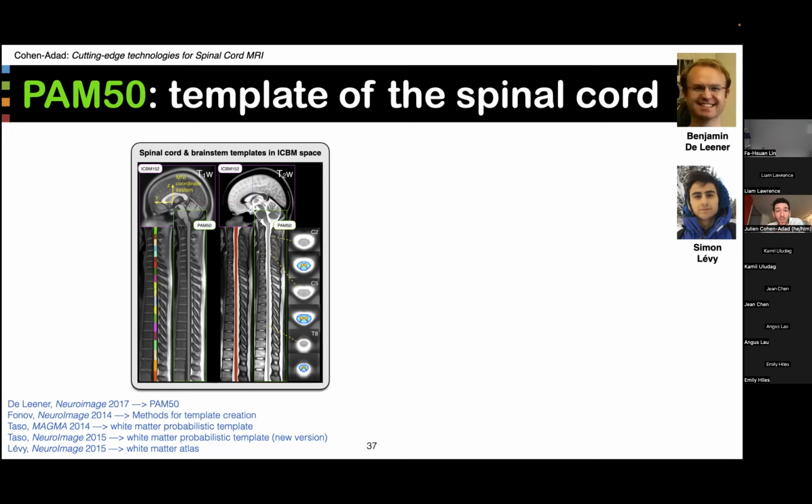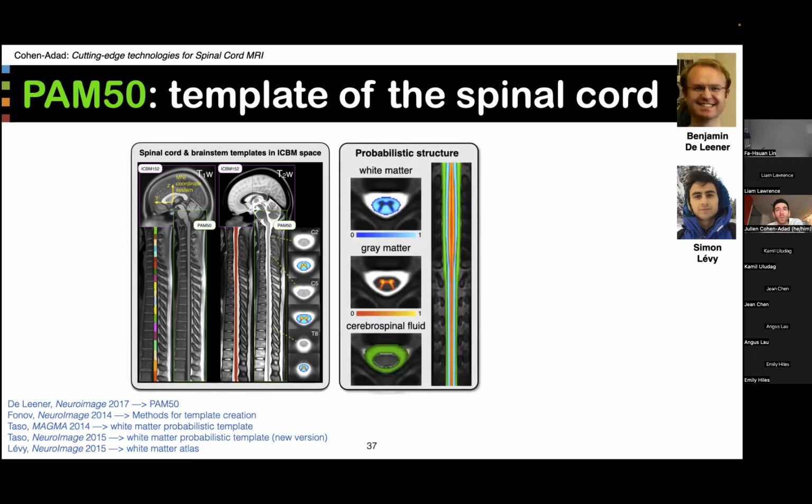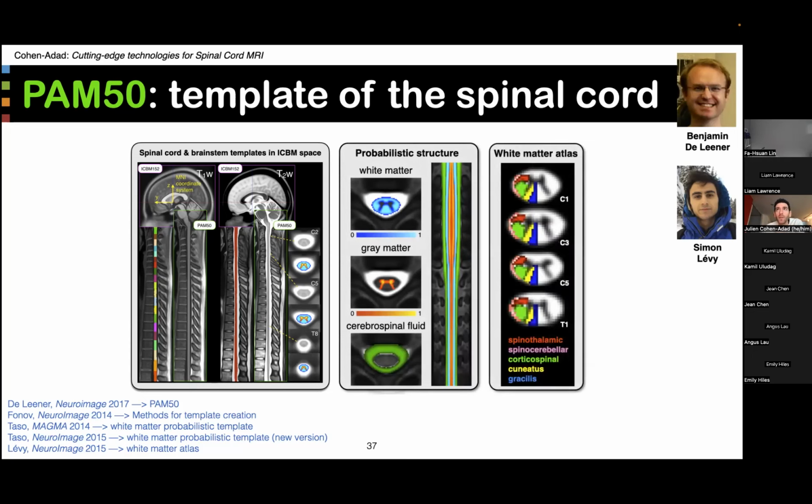And 50 because it's based on 50 healthy adults. So there are T1, T2, T2 star contrasts, also a probabilistic atlas of the white and the gray matter, and an atlas of the white matter tracts, so that quantitative MRI metrics could be quantified within each of these sub-tracts.